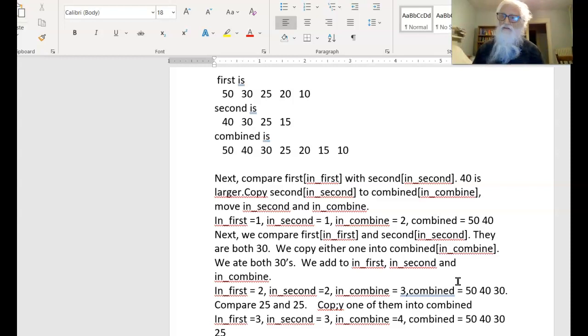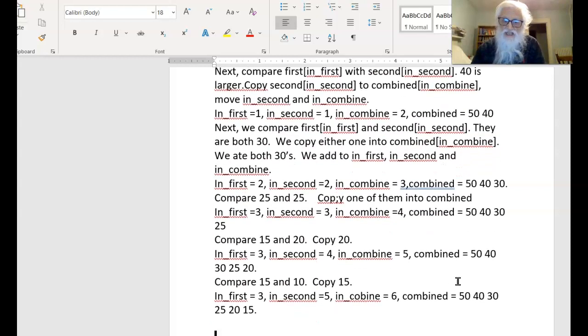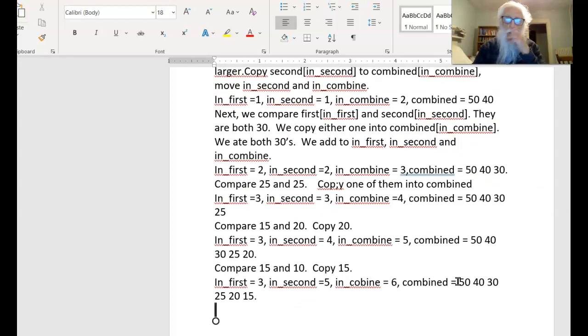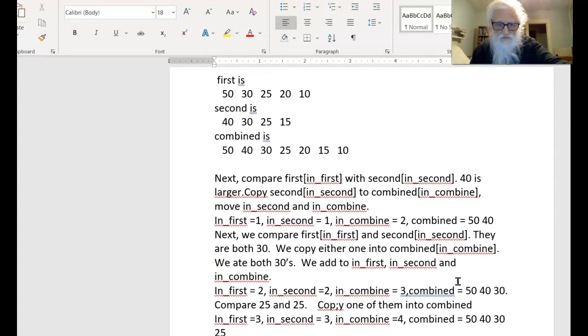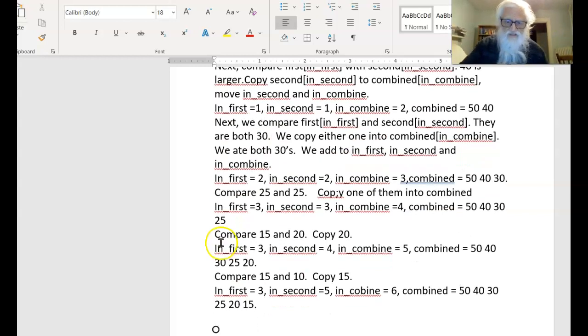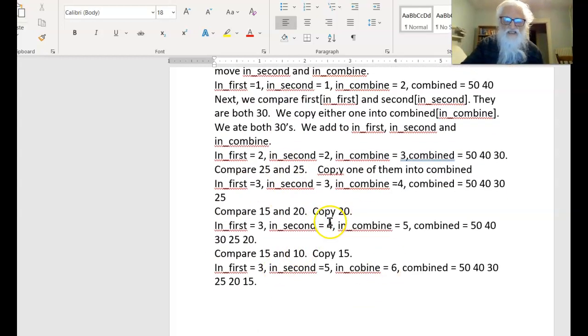It's above where I should be. So I've got a problem. There's nothing left to compare in second. So the idea now is, I hope I've done all this right. 0, 1, 2, and 3. I think for some reason that this one was wrong.